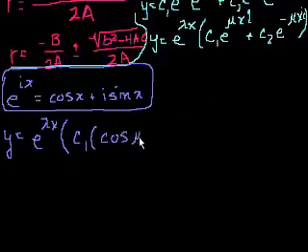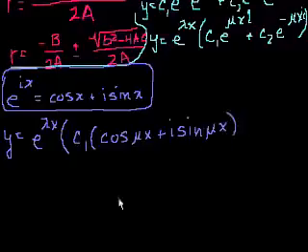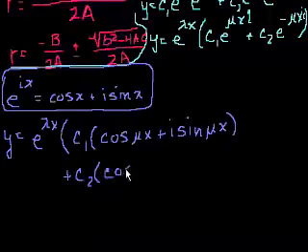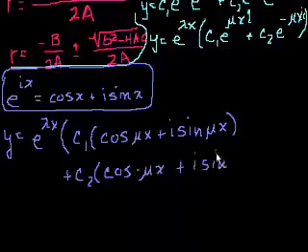So cosine of mu x plus i sine of mu x. And then plus c2 times cosine of minus mu x plus i sine of minus mu x.